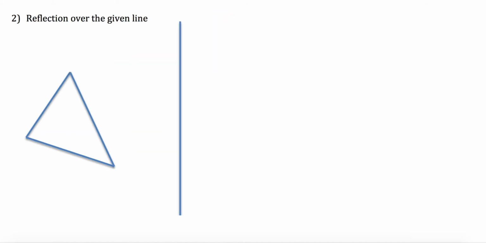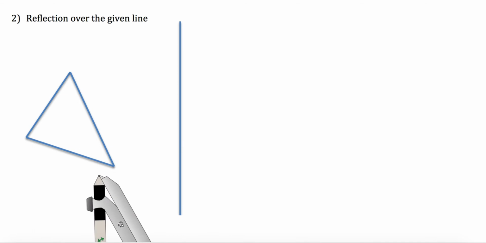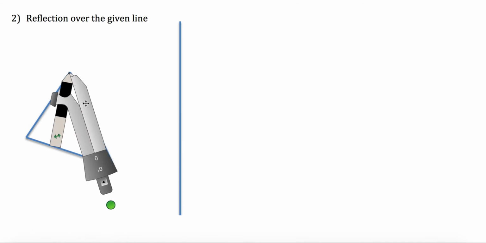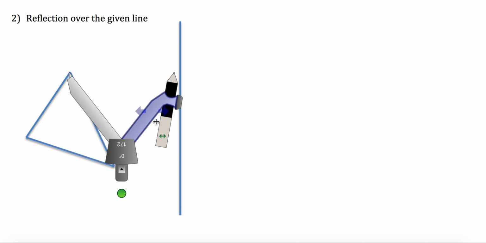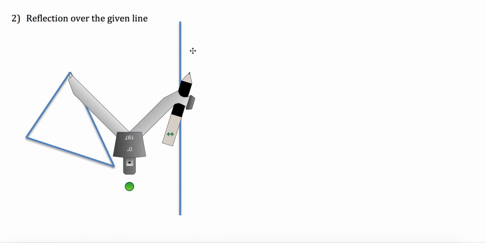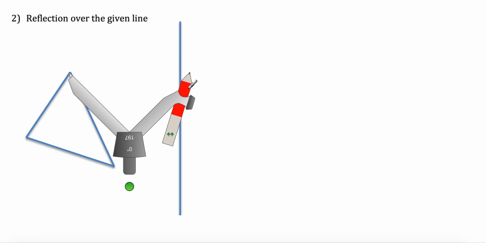All right, let's go for number 2. How do you find the reflection? One thing about reflection is the distance from this point to the line has to be copied on the other side perpendicularly. So to do that, first I'm going to take out my compass. And then I'm going to open the compass a bit more than the line segment. Let me try to go for, let us say, red.